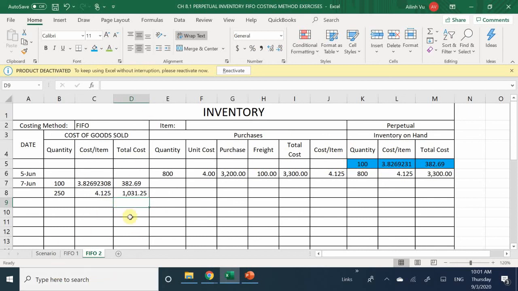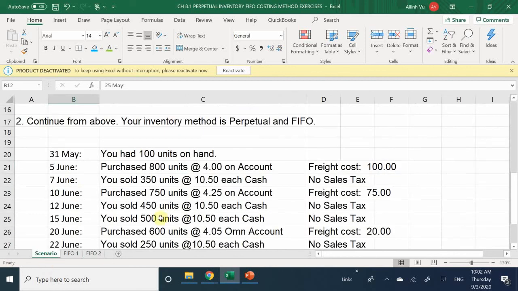Now, what costing method are we using? First in, first out. Correct. So therefore, this is considered batch number 1. Our blue batch here, that's considered batch number 1. We made a second purchase of our 800 items, and this right here is our batch number 2, right? Now, in this case, we were just given the scenario that we sold a total of 350 items.